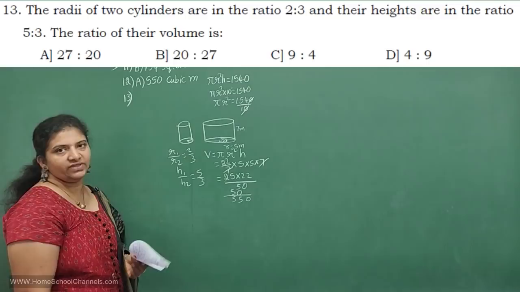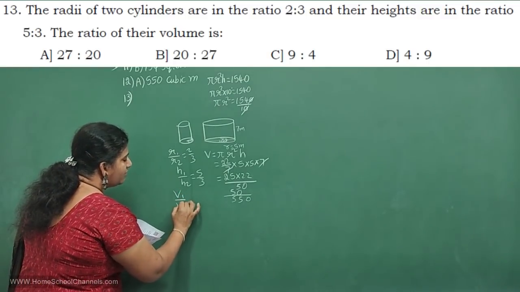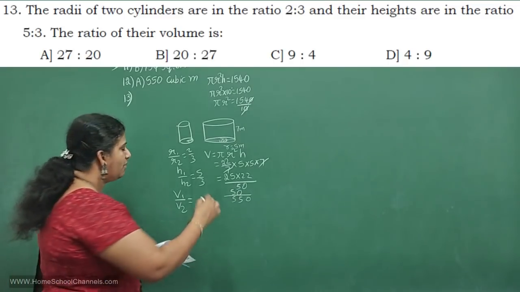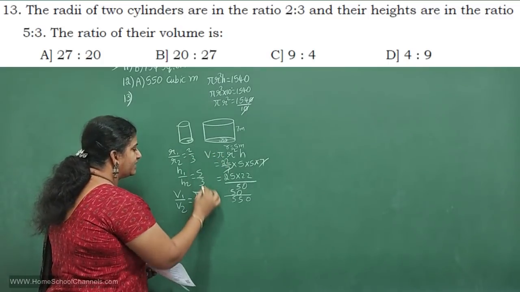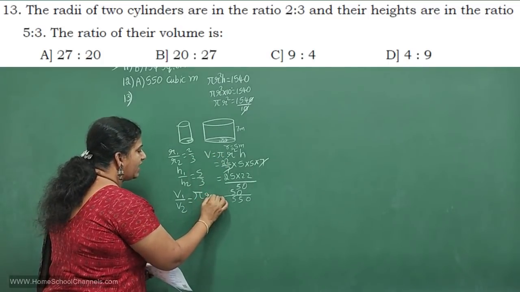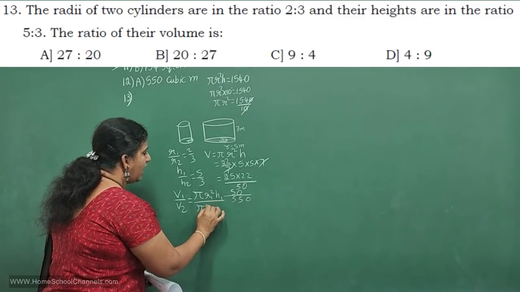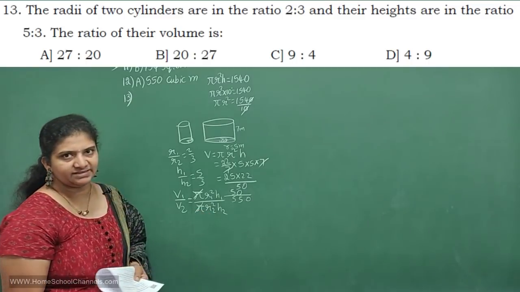The ratio of their volume, V1 by V2, is equal to, what is the volume formula? Pi R square H. But here we are talking about two radii. Pi R1 square H1 by pi R2 square H2. Pi will be cancelled.